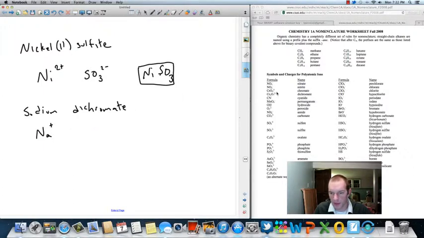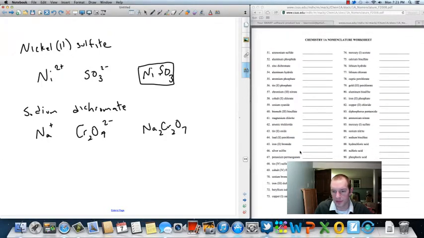We can find dichromate, which is right here, Cr2O7 with a 2 minus charge, and we can see we have a 1 plus here and a 2 minus here. It means we need 2 sodiums, so we're going to have a formula Na2Cr2O7.